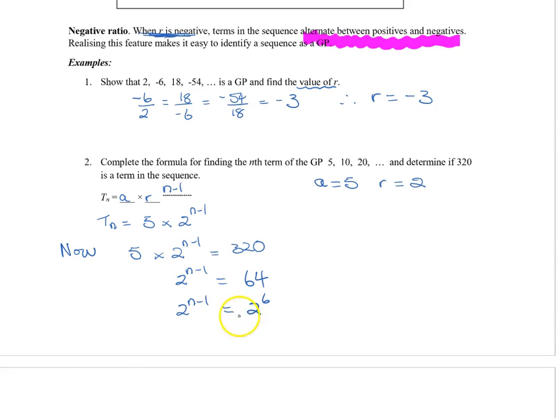Now, we've set this equation up, same base, which means the powers must be equal, n minus 1 is 6. So in this case, n is equal to 7, which is a whole number, which is what we need to happen if a number is going to be a term. We have to have a whole number for n.